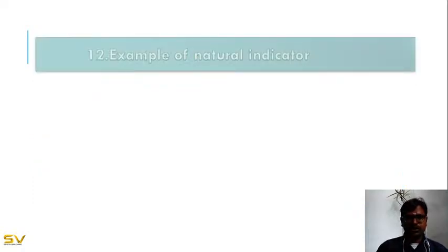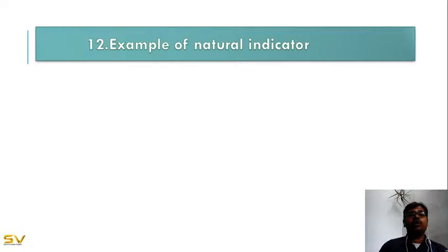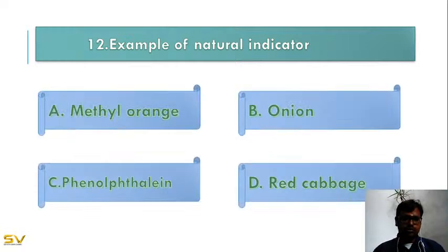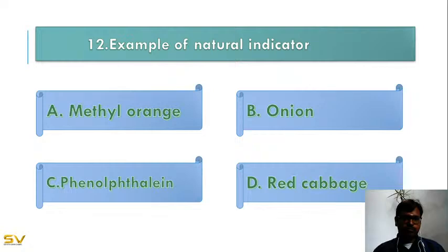Now coming to the next one: example of natural indicators. I already discussed this previously. Which comes under natural indicators among the following? Methyl orange, onion, phenolphthalein, red cabbage. Among the four, which is a natural indicator?